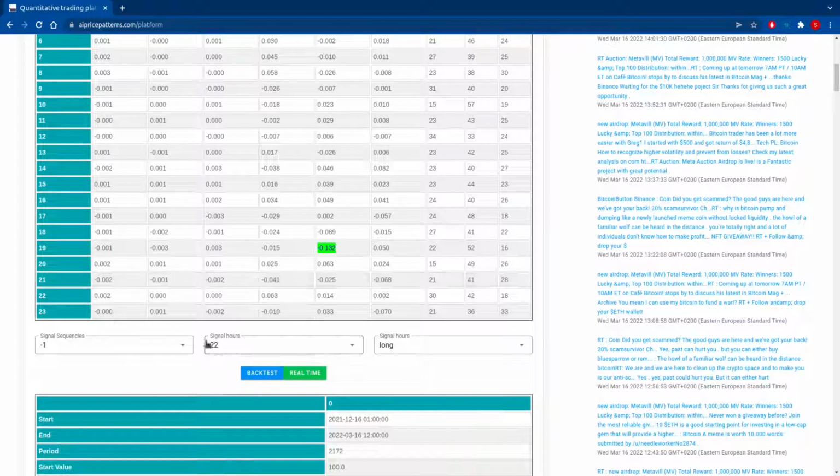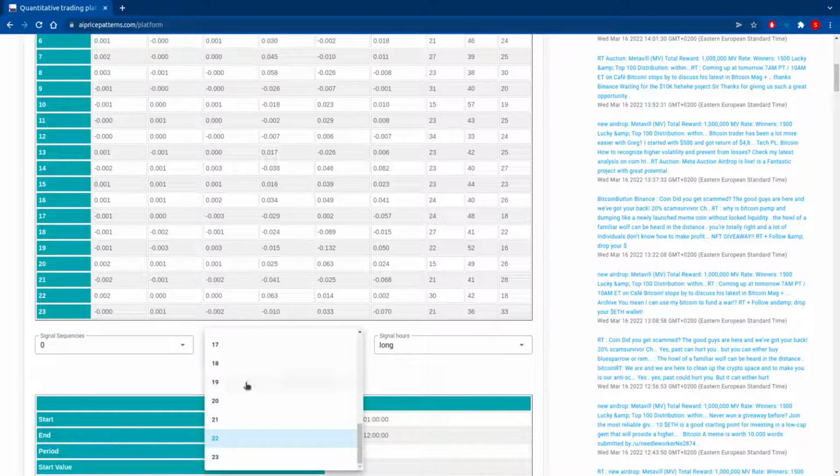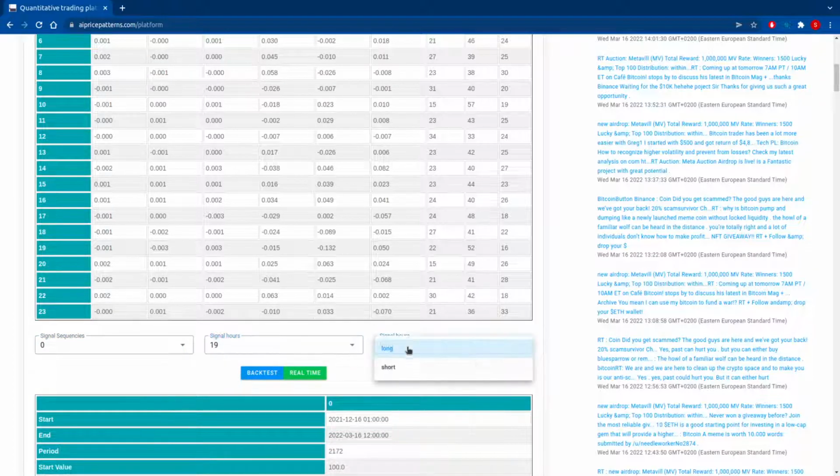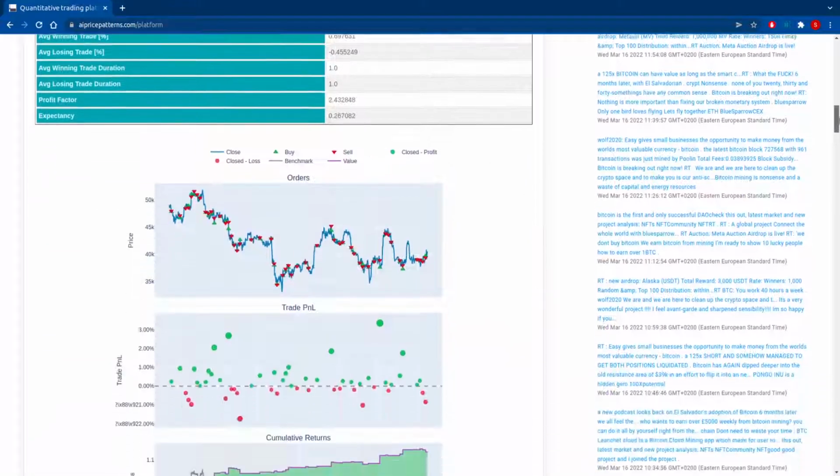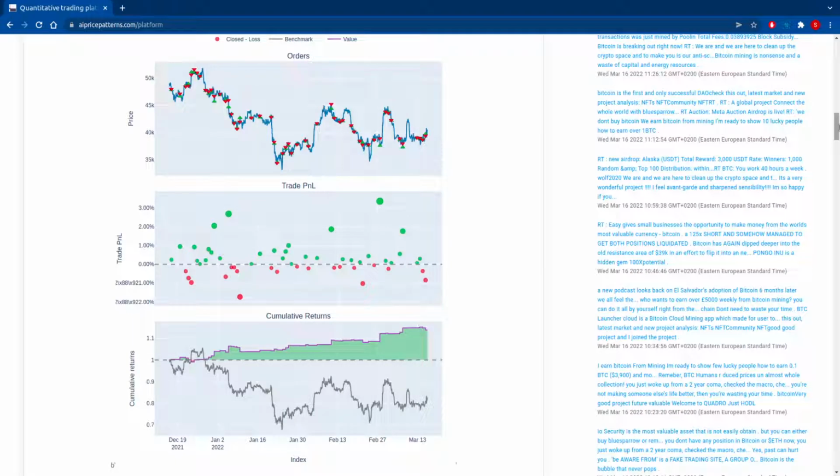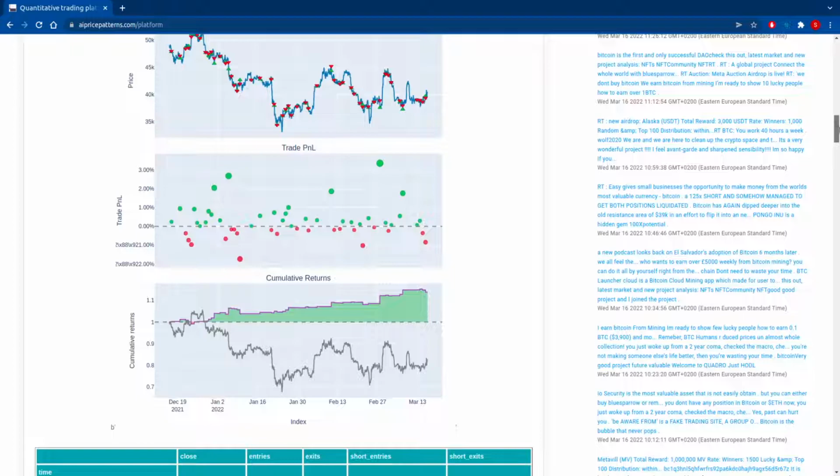Okay. I would like to test 0 for 19. And I need a short position because in general the market is down and we should test it for a short position. Okay, let's look at the situation. Yes, it's working. So it would be a very good point to trade.